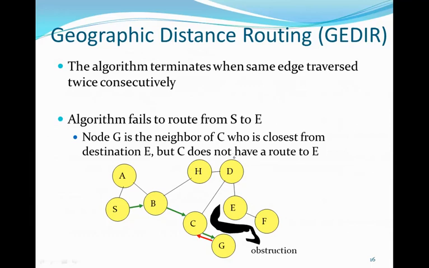And the main reason behind that is that node G is the neighbor of C, who is closest to the destination E, which is over here. But C doesn't have a route to E. So this is the obstruction which actually stops communication between C and E. And automatically, when this link is traversed twice, the algorithm will stop working.